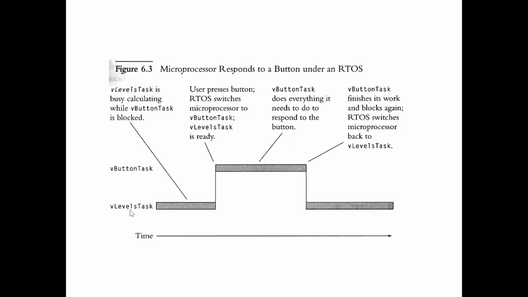In our case, the level task is in running state and at that time the button task is in blocked state. That is what is shown by this total gray area. There is one arrow showing that the level task is busy calculating the tank level while your button task is blocked. Why blocked? Because the user has not pressed the button. Until the user presses the button it will not get unblocked, and once it gets unblocked, only then it will move from blocked state to ready to run state. Deshmukh, are you getting or not?